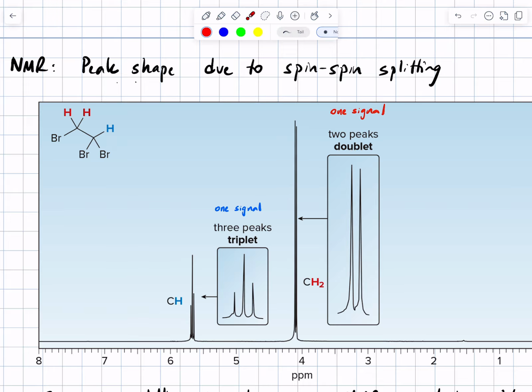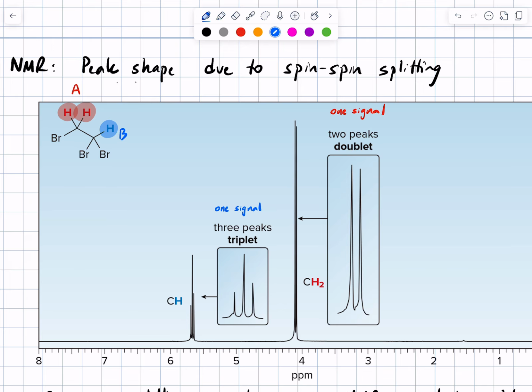You expect there to be 2 NMR signals. The red protons, which I'm going to call HA, just call both of them HA, and then the blue proton, which I'm going to call HB.